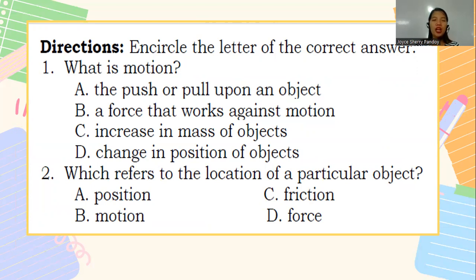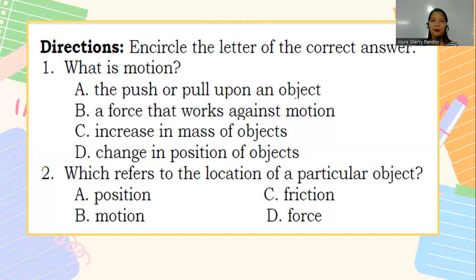Number 2, which refers to the location of a particular object. What do you think is the correct answer? If you answered letter A, then congratulations, you are right. The correct answer is letter A, position.